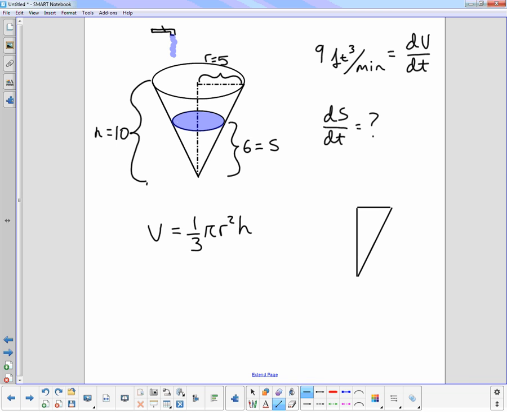Again, we start with a cartoon and we turn it into a geometric object. So this would be 10, and that would be 5, and this is my water level. See what I mean?